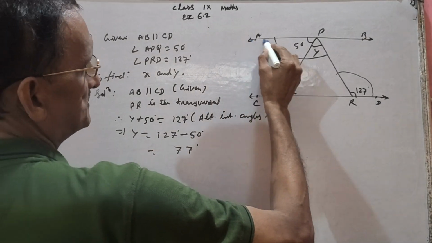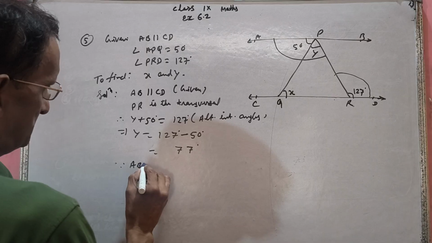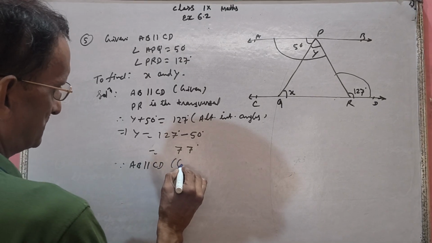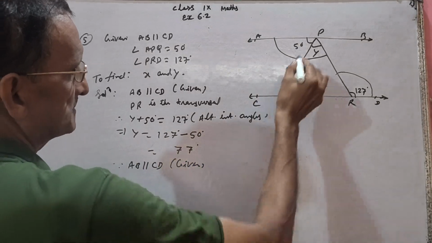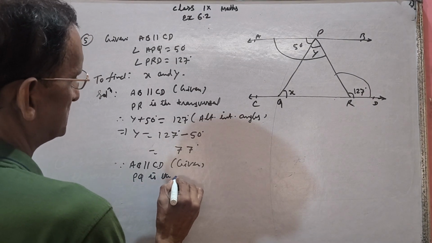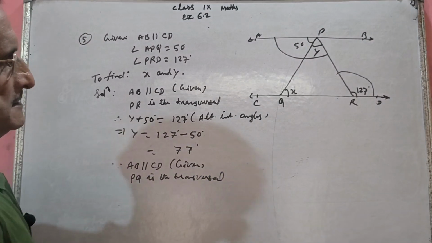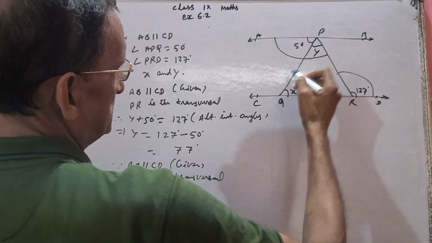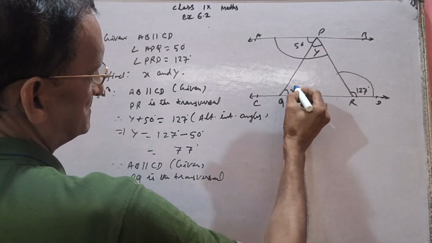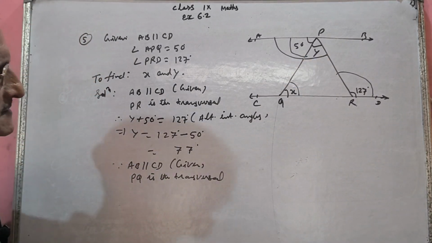And again, this time AB is parallel to CD. Since AB parallel to CD is given, this time PQ is the transversal. See, this line AB is parallel to this line. This line is the transversal, and these angles are a pair of alternate interior angles.